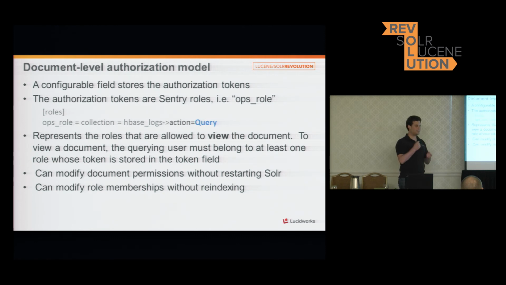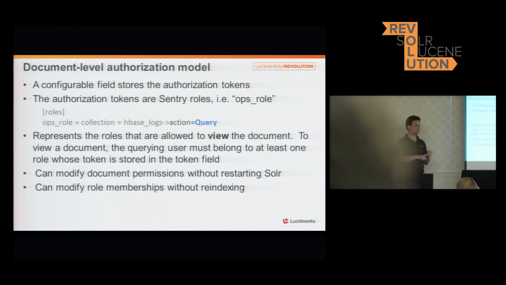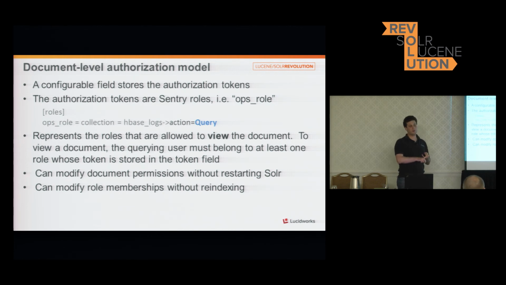If you're actually changing what roles are allowed to see the document, then yes, you have to re-index. If you're worried about specific users, you can change what groups the user belongs to and what groups are associated with each role, and that does not require re-indexing. But again, it depends on what kind of change you're making.